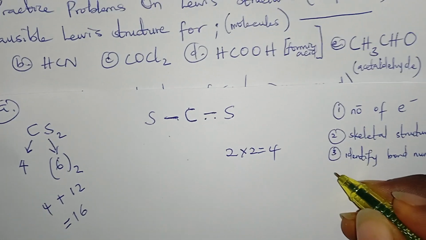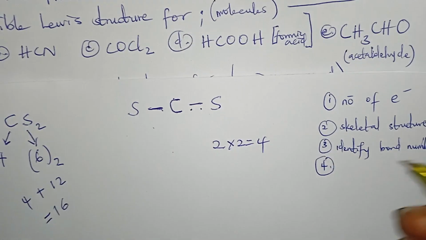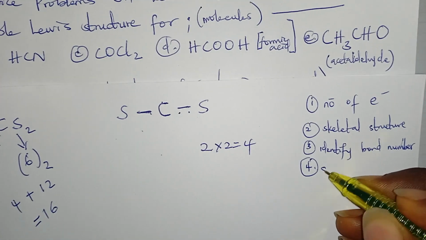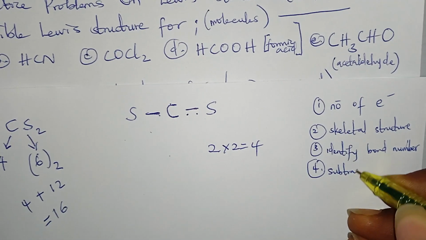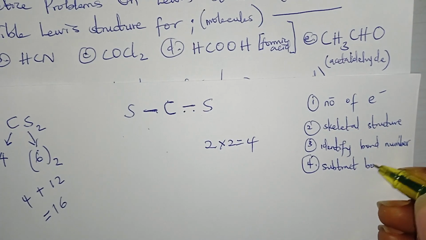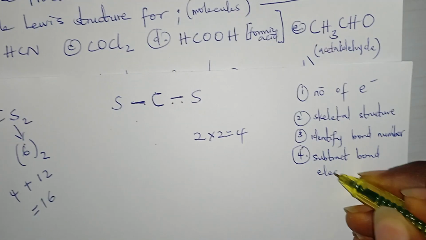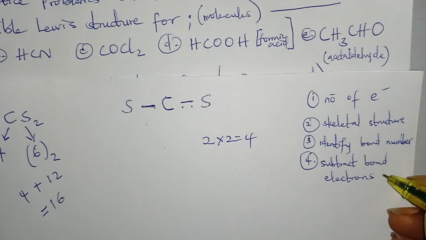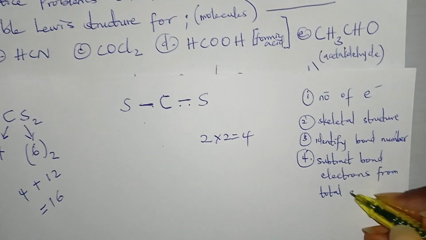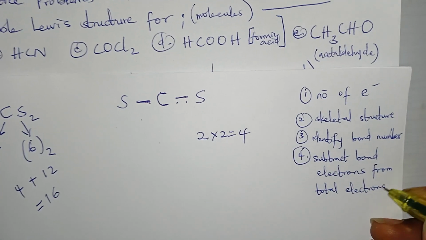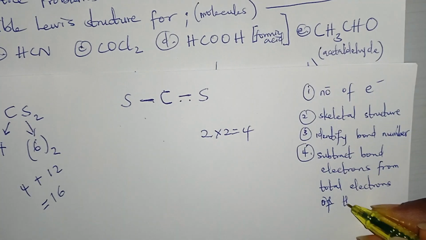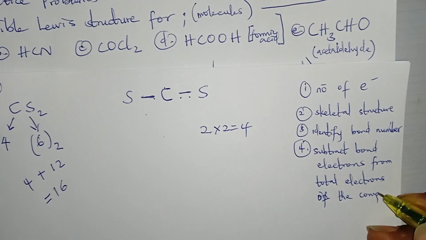The next thing to do, the fourth step, is to subtract the bond electrons from the total electrons of the compound.